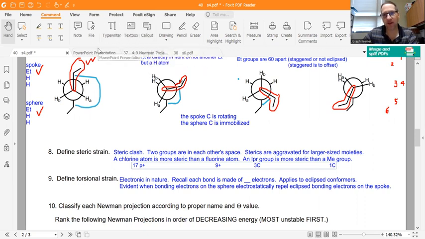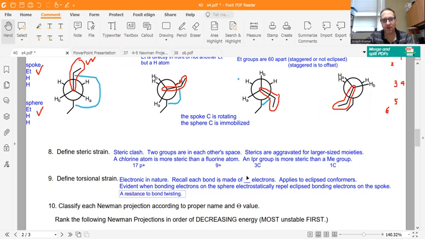A snail has body torsion because its body is twisted inside its shell. Torsion is the twisting. But in particular, this is a resistance to twisting. It's difficult to twist a bond. Recall, how many electrons make up a bond? 2. Each bond is made of 2 electrons.